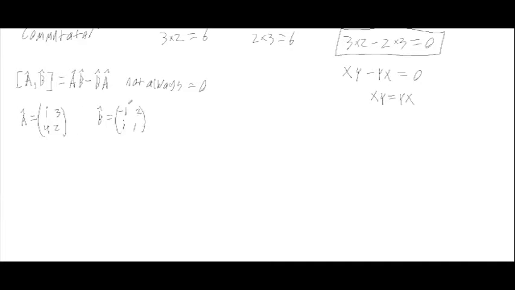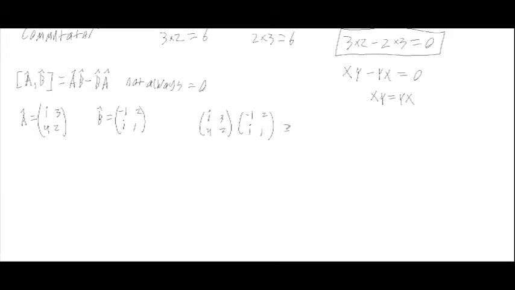So these are just matrices I came up with beforehand and wrote down and did the calculations to see that these do not commute. And essentially what you're doing is just a matrix multiplication in one direction. So we'll have our i, 3, 4, 2, and we'll multiply that by minus 1, 2, i, 1.